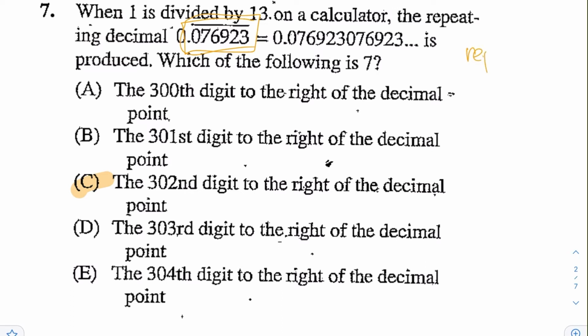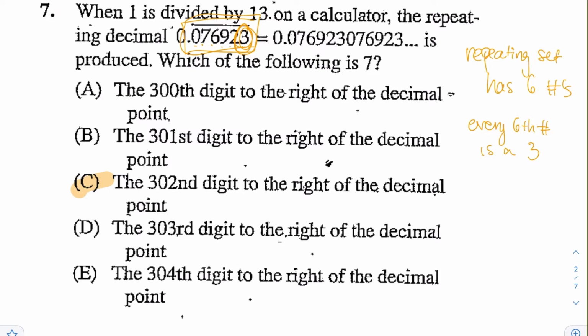And the pattern here is this repeating decimal. So this repeating set of numbers has 1, 2, 3, 4, 5, 6 numbers. So the first is 0, then 7, then 6, then 9, then 2, then 3, and then repeats again. So that means that every 6th number is a 3, because 3 is the last number in the set.